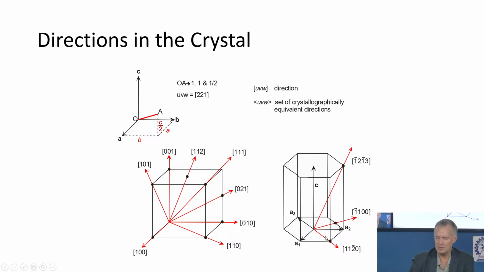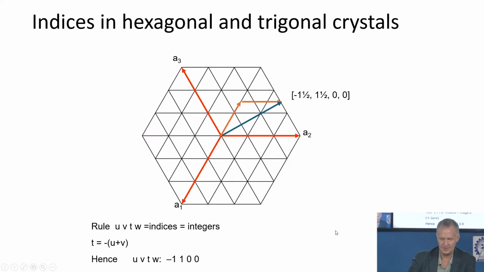So a direction along this position, for example, right, we're going -1 in the a1 direction, we're going half in the a3 direction, and half in the a2 direction as we project that onto those directions. And so we would have a direction that would be 1 along here and half along the other directions.